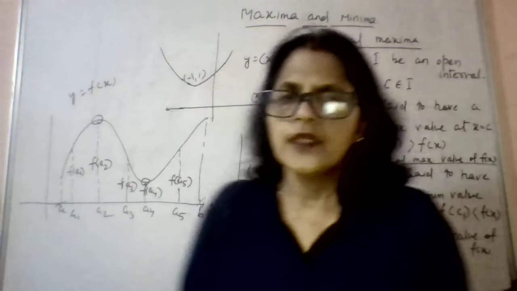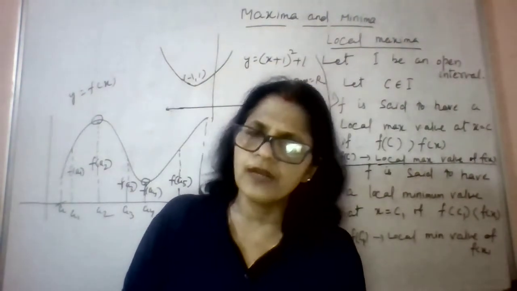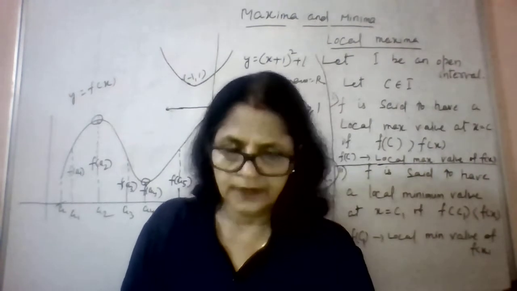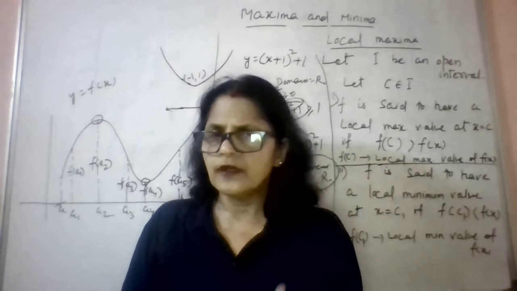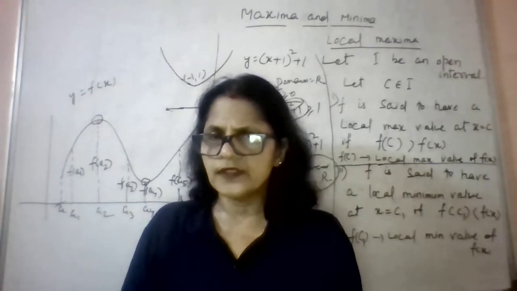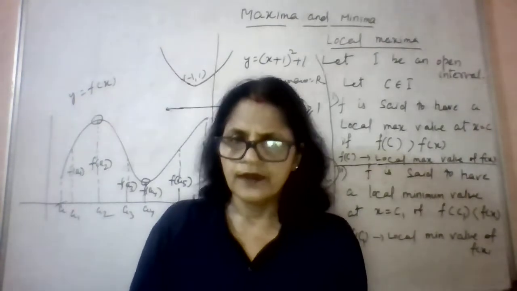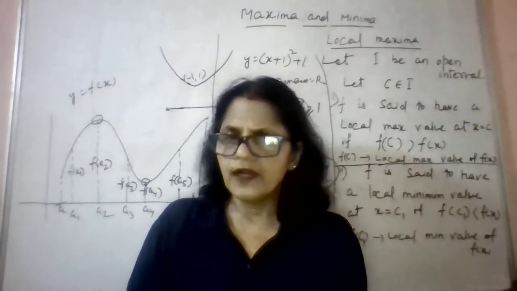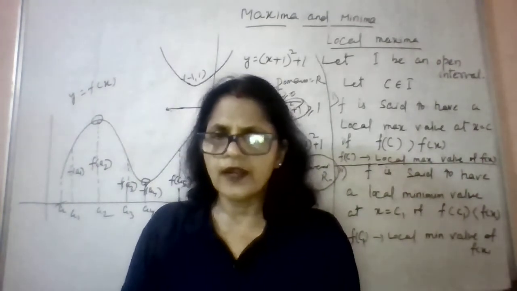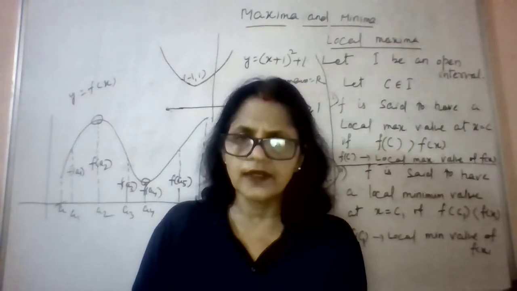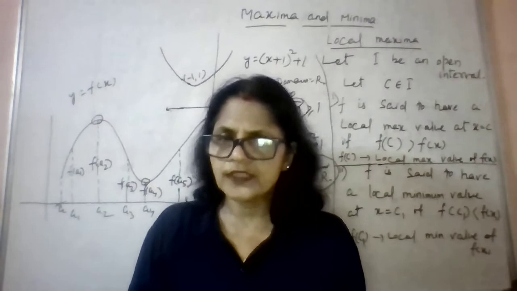To define roughly, in layman's language, the local maximum value of the function means: in the given interval I, of all the values of f(x), the point at which the function attains maximum value is called the point of local maximum.